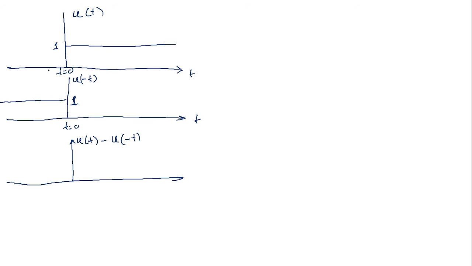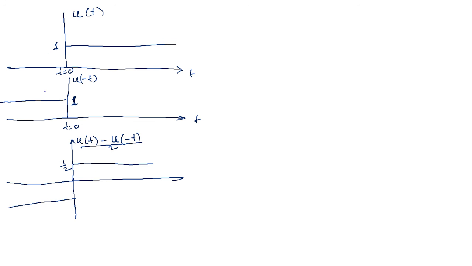If I am subtracting, I get the signum function, but here the amplitude is different. Amplitude here is 1 minus 0, divided by 2, so it is half.